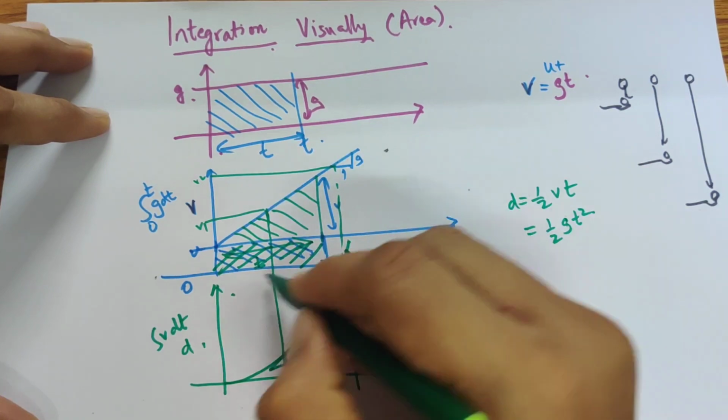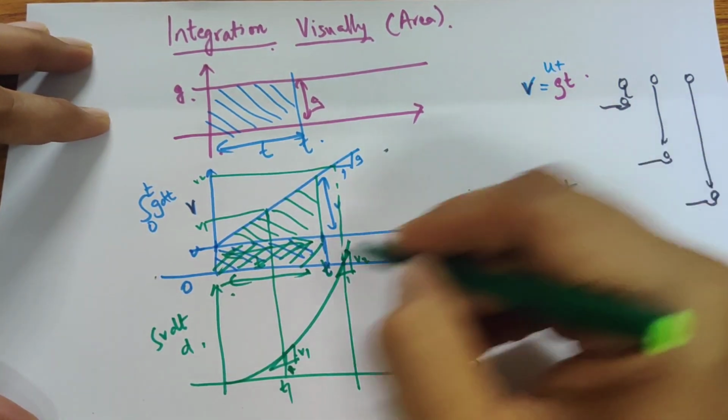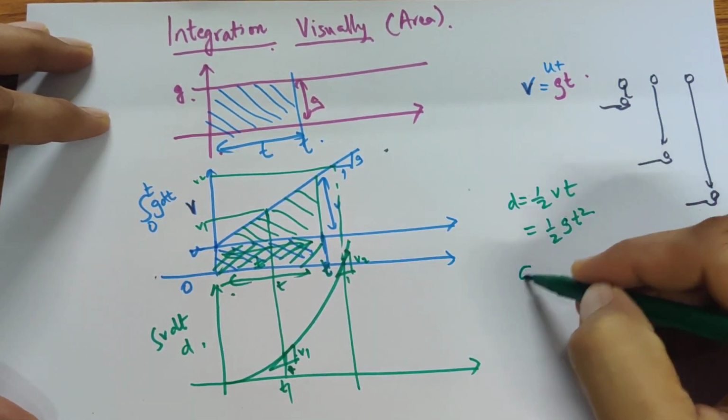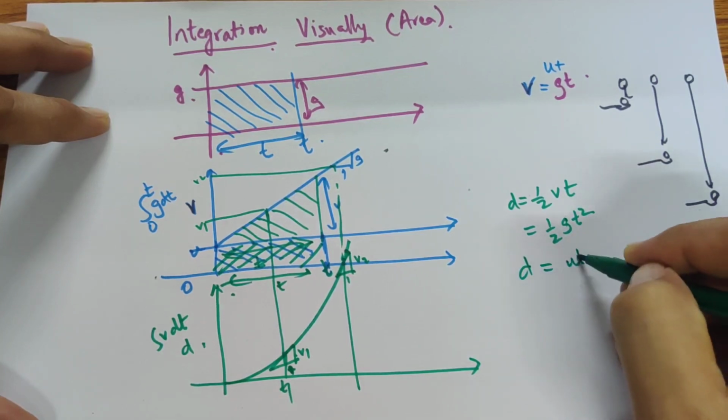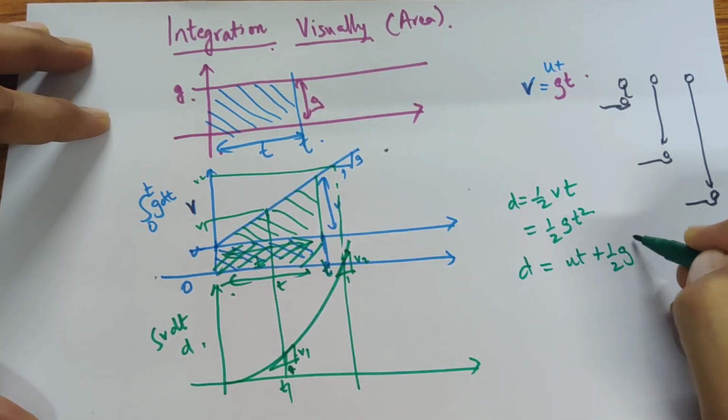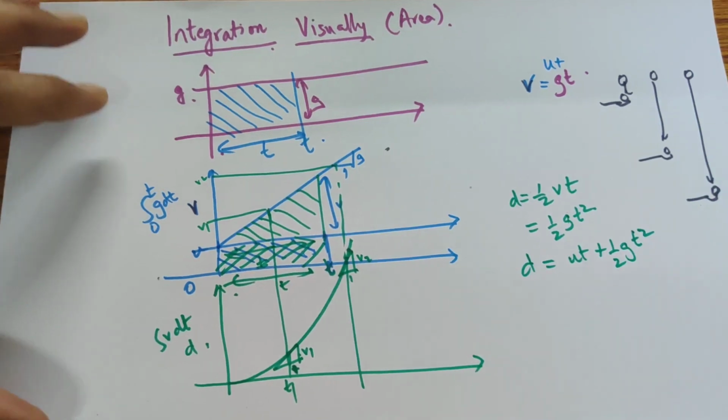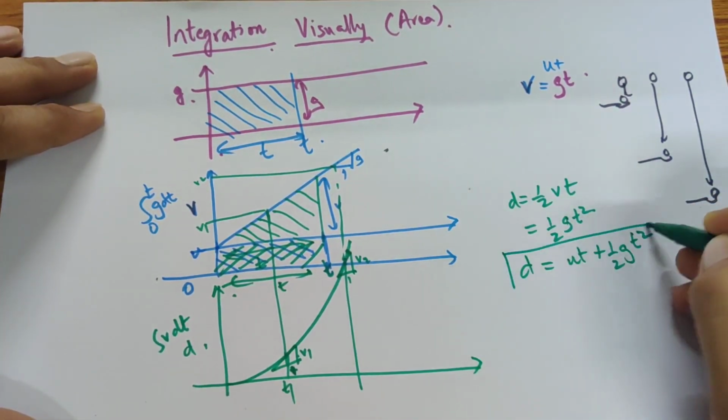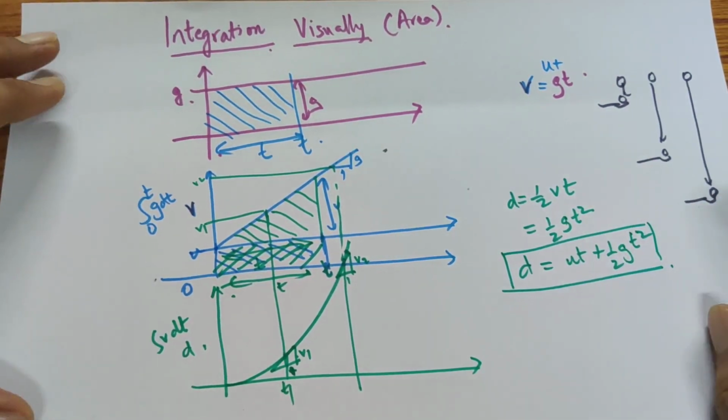It's just a rectangle: the base is t and the height is u. So my distance would be equal to ut plus half gt square, or at square. This is the formula of distance that we usually use.